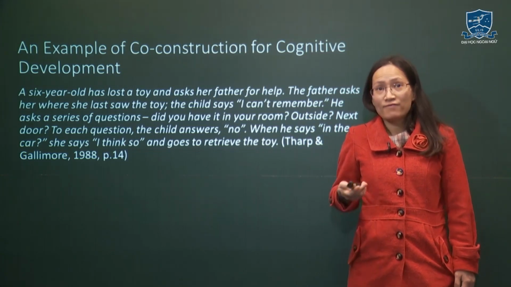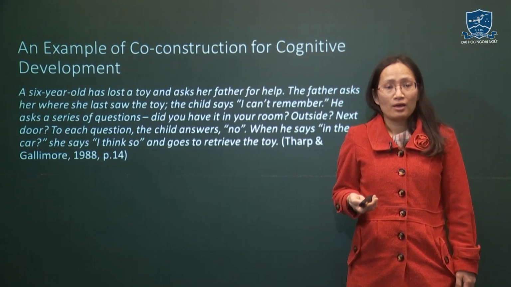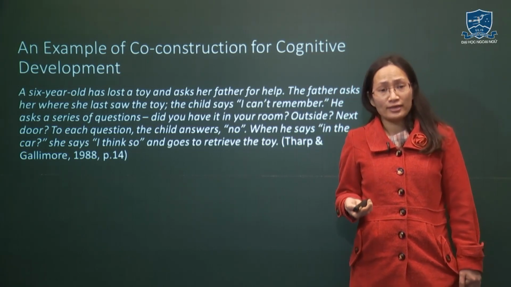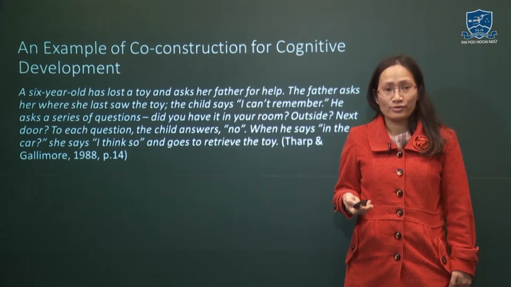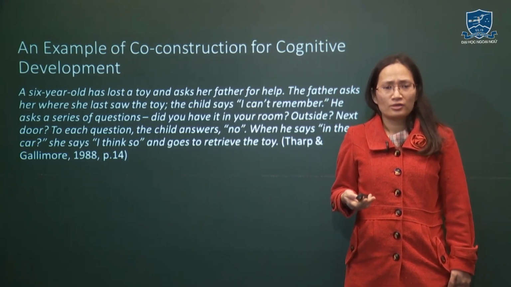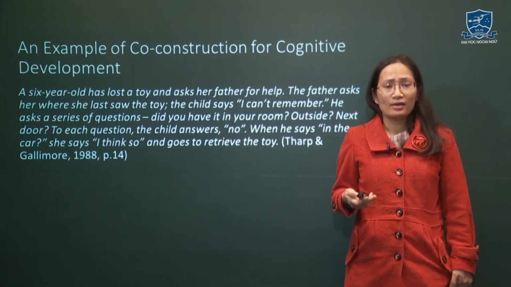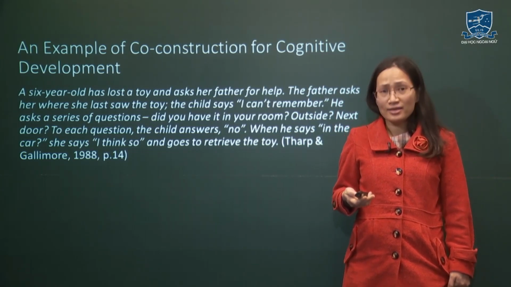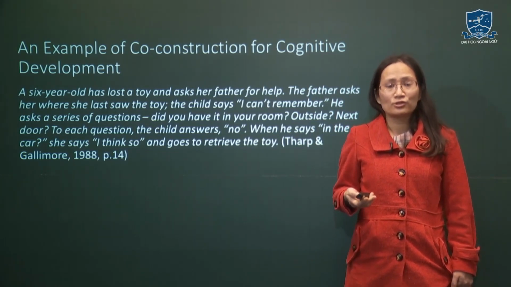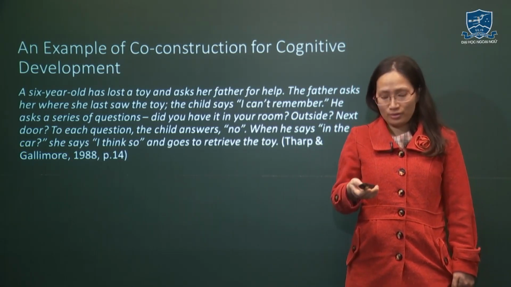And then the father asked a series of questions, like, did you have it in your room? Outside? Next door? She says no. And when he says, in the car? She says, I think so, and goes to retrieve the toy.